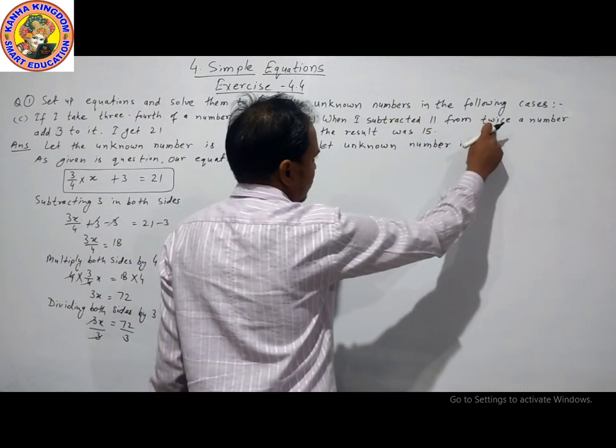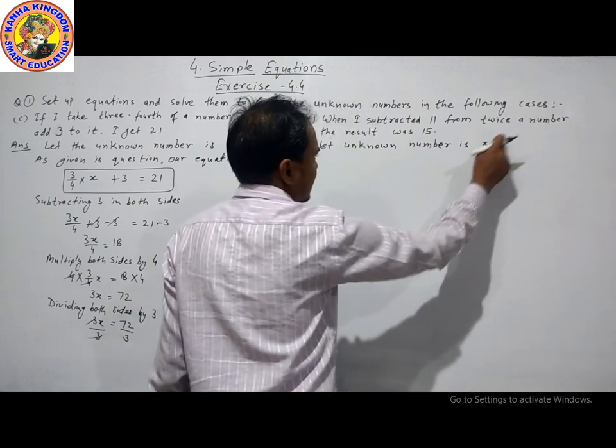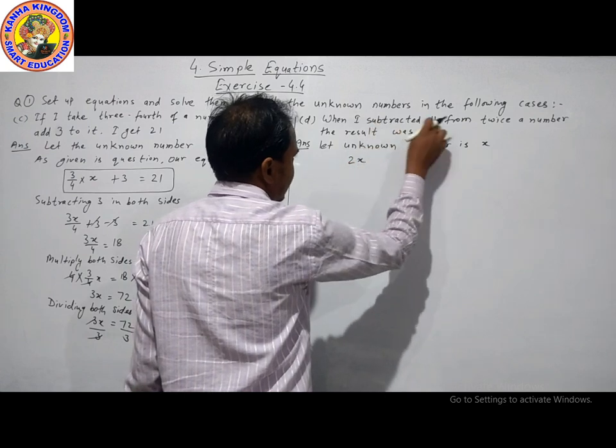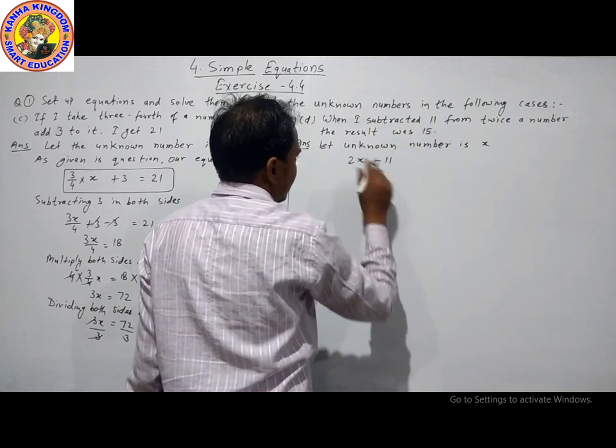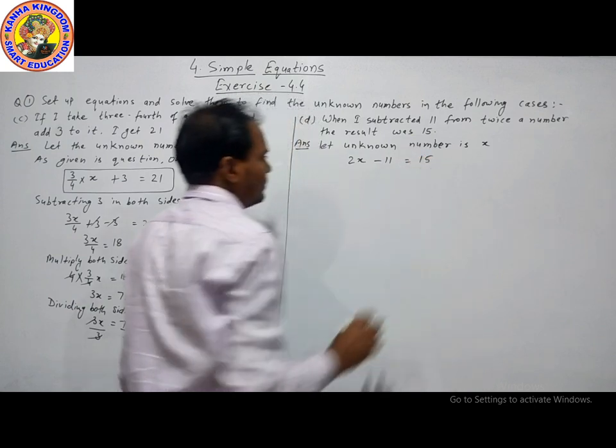Subtract 11 from twice means 2 times a number, x. 2 times x, 2x. 2x subtracted 11, minus 11. The result was 15, means equal to 15.